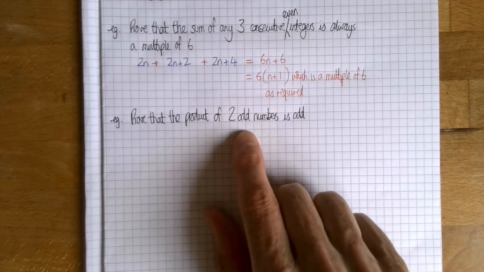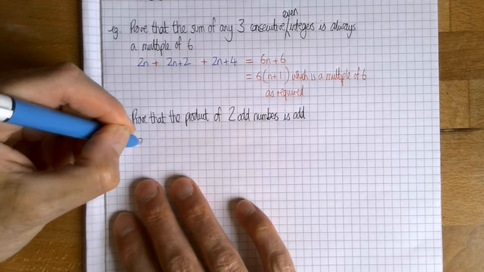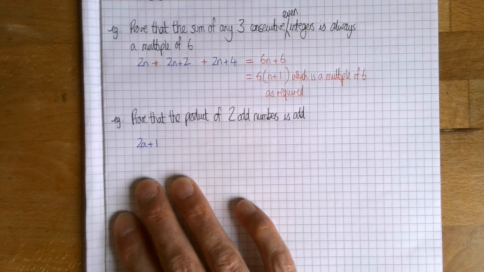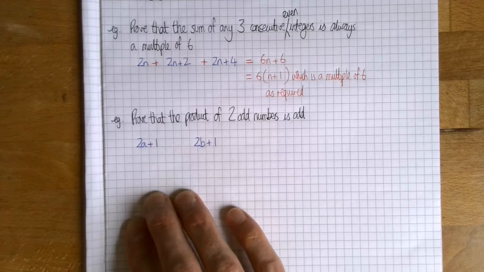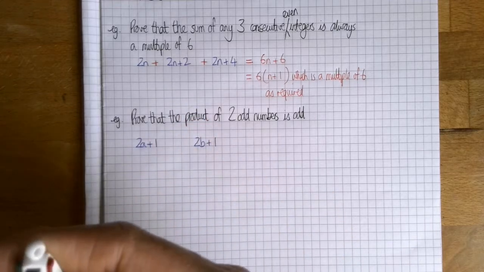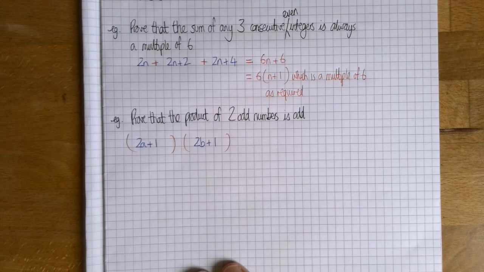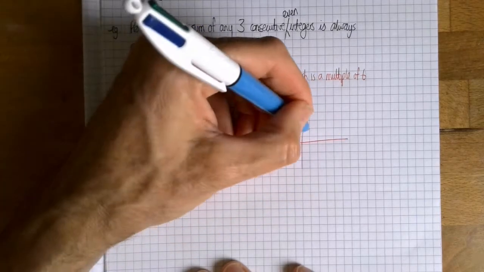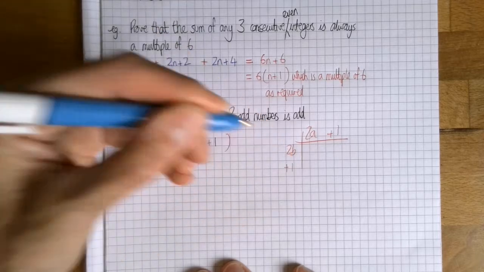Okay, 2 odd numbers, not consecutive. So I'm going to call one 2a plus 1, and the other 2b plus 1. Product means multiply, so I've got to multiply those 2 together, and whenever I multiply out brackets, I grid it out. So there we go.